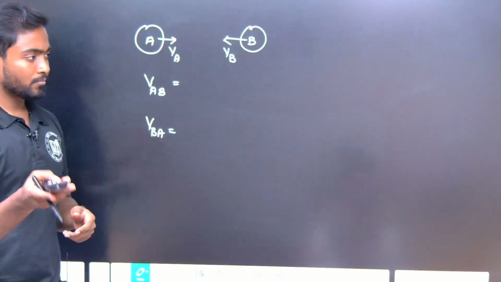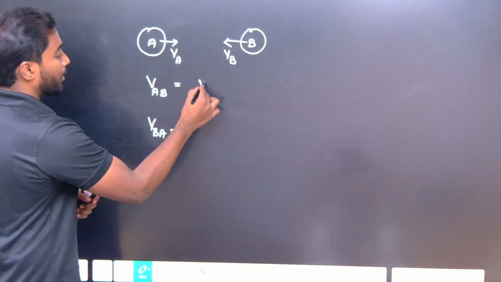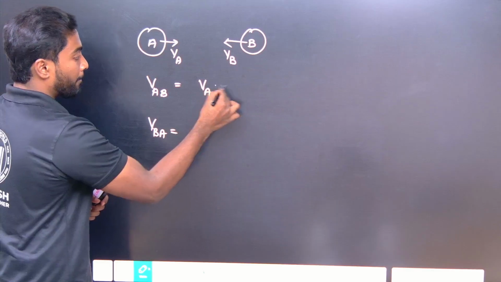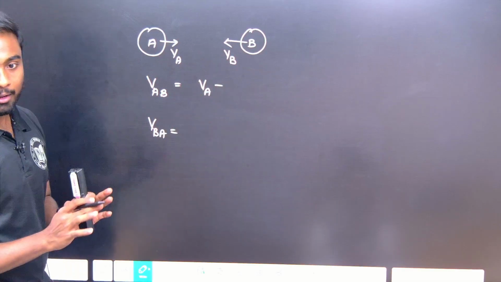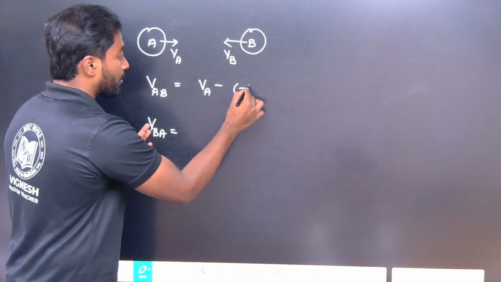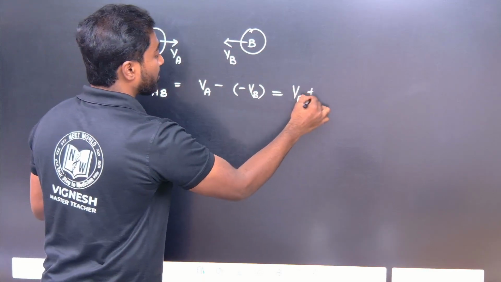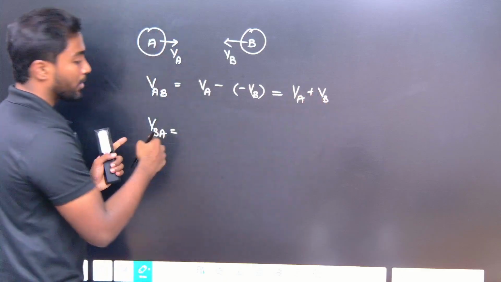Now if I notice here, A is going in the positive direction, B is going in the negative direction. So velocity of A minus velocity of B, that's the formula, but velocity of B is negative, so minus minus VB, which is nothing but VA plus VB. What about the other case?